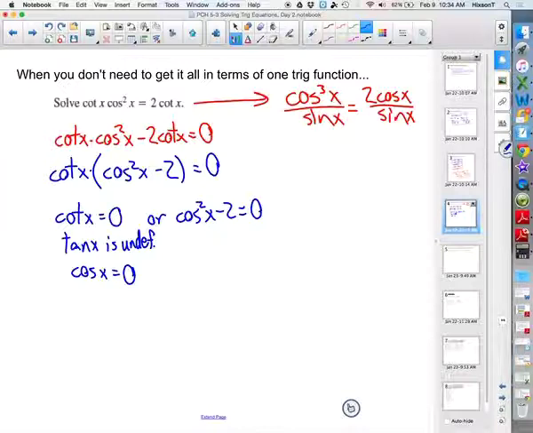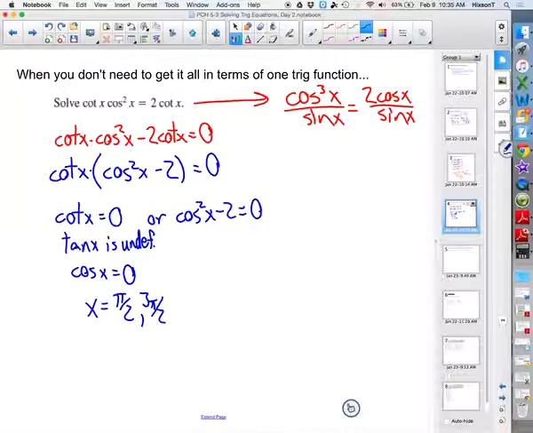Where does cosine equal 0? Pi over 2 or 3 pi over 2. Sine is 0 at 0. So cosine is 0 at pi over 2 or 3 pi over 2. So those are a couple of our answers.